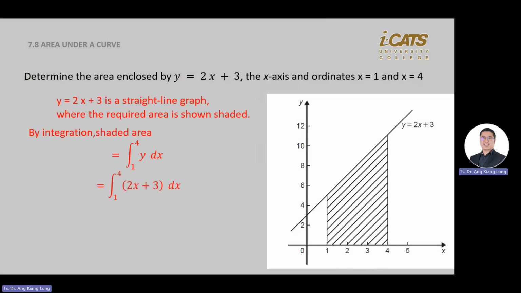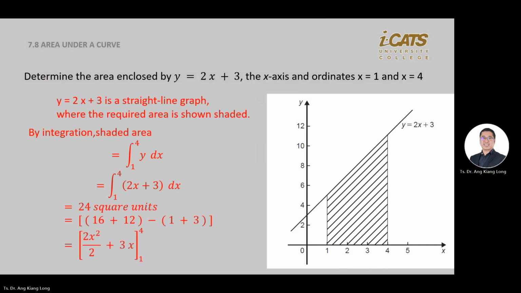You substitute the equation and then you do the rest. 2x becomes 2x squared divided by 2. You get x squared plus 3x. Okay.